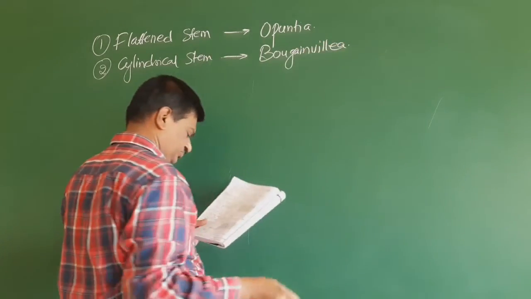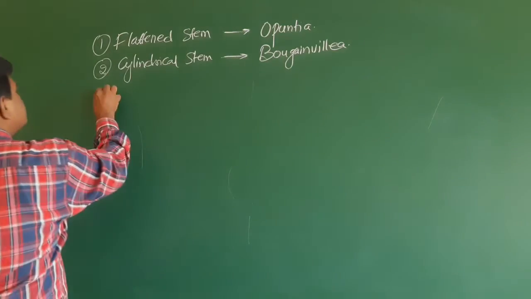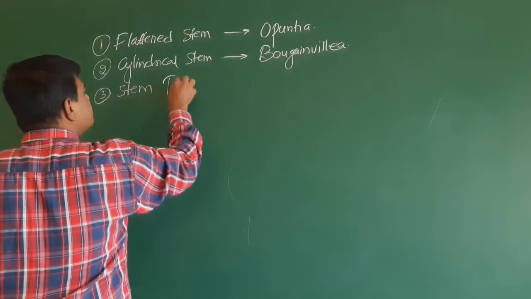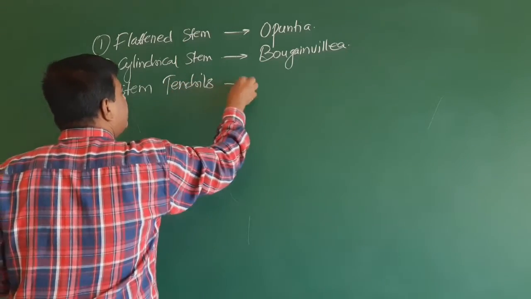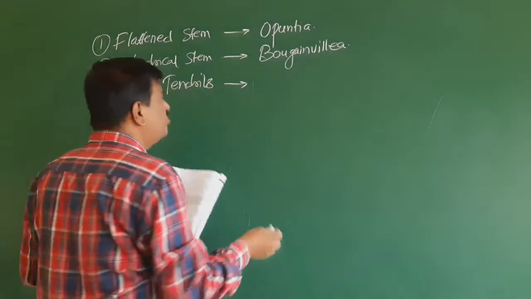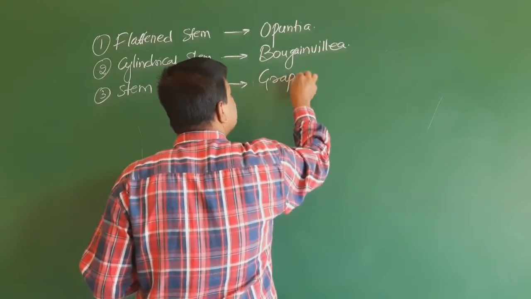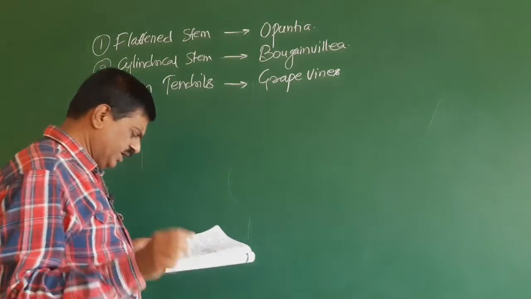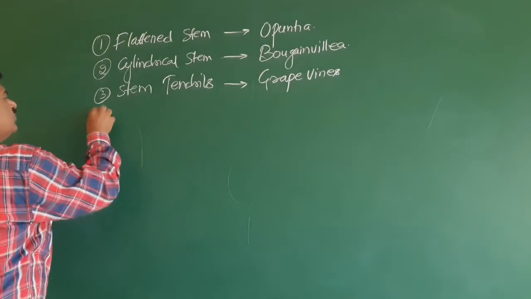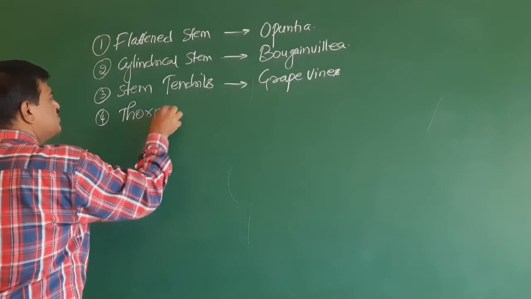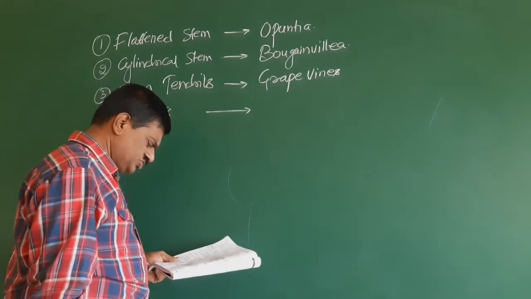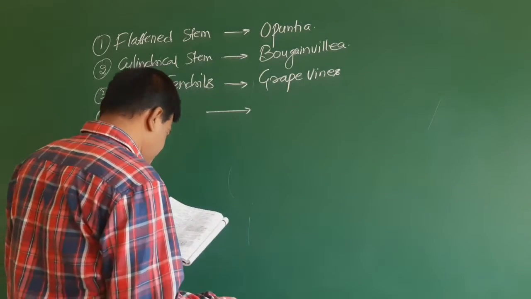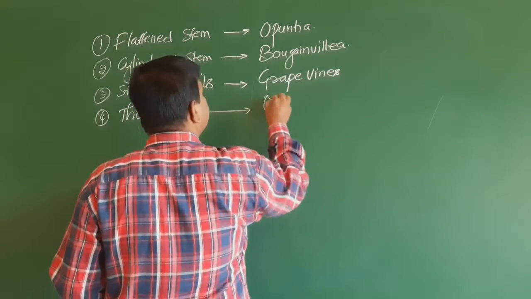Bougainvillea. And the third one is stem tendrils, this can be noticed in grapevine. And the fourth one is thorns, and this thorns can be noticed in Opuntia.